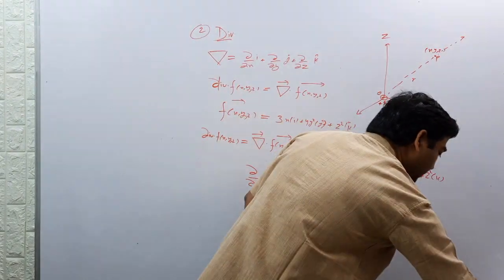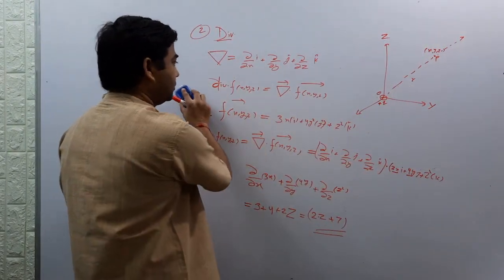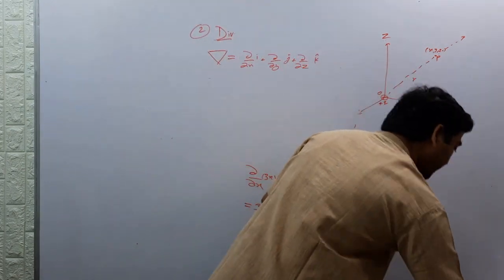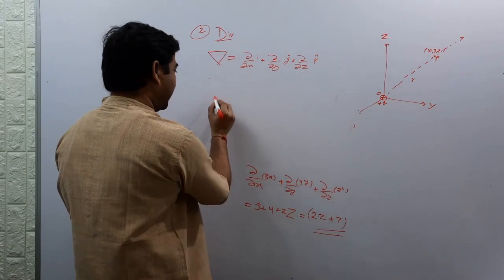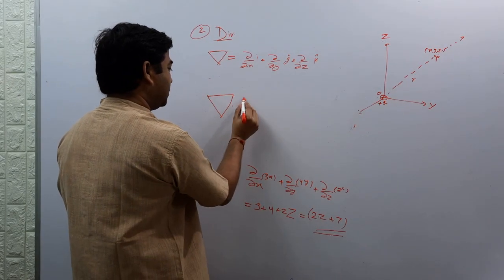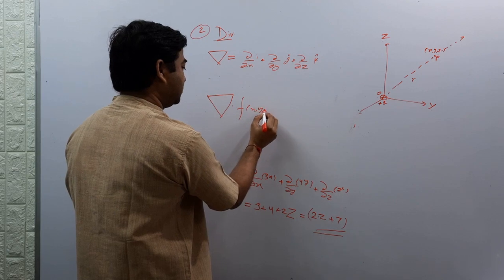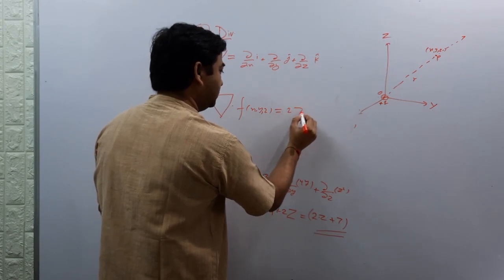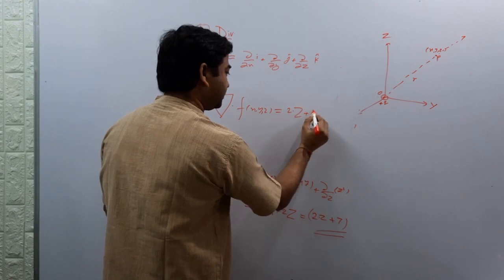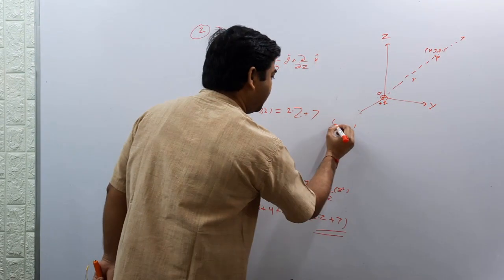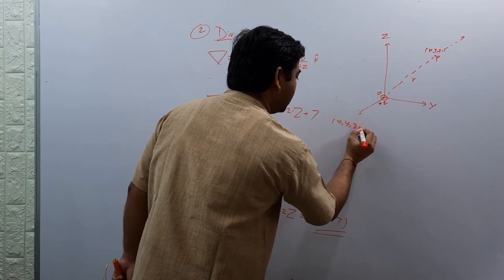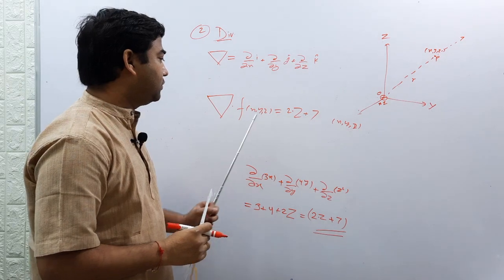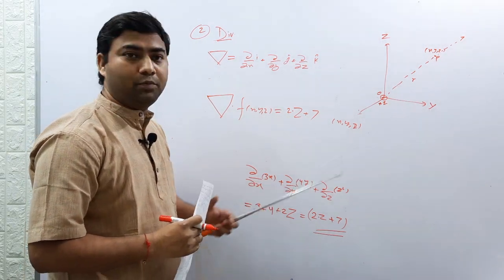So for a general point we can say the divergence of the function at x comma y comma z is equal to 2z plus 7. At a general point, 2z plus 7 is the divergence of the function.